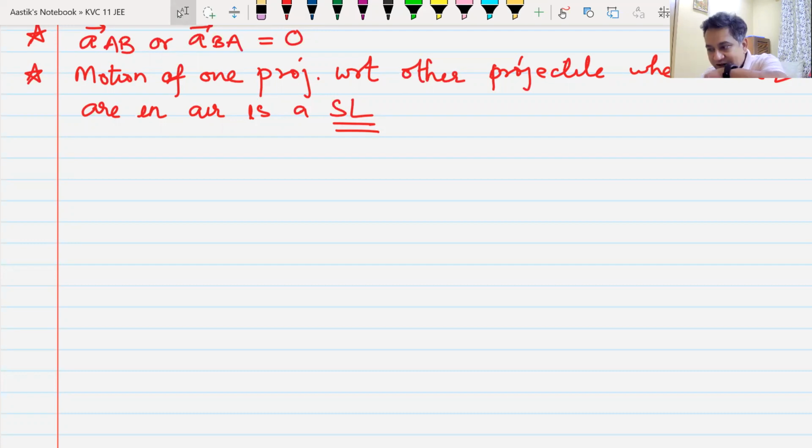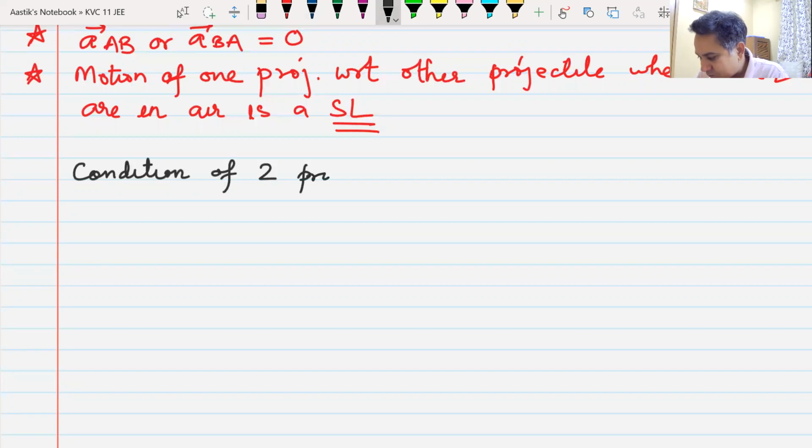If I make a question now, let us say, for example, what will be the conditions of two projectiles to meet?